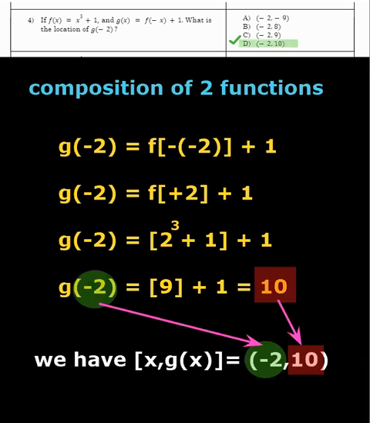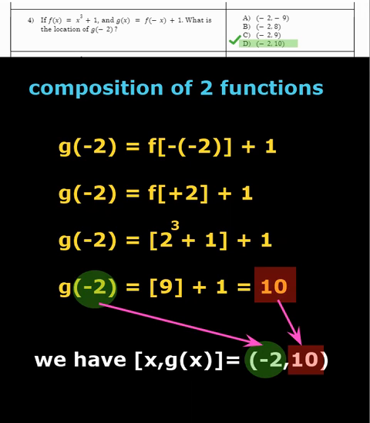For this composition of functions, we follow rule g, plugging in -2, which, because we're doing f of the negative of that value, will evaluate f at 2. Well, f is the rule to take the number, cube it, and add 1. So we take the number 2 and cube it and get 8, plus 1 is 9.